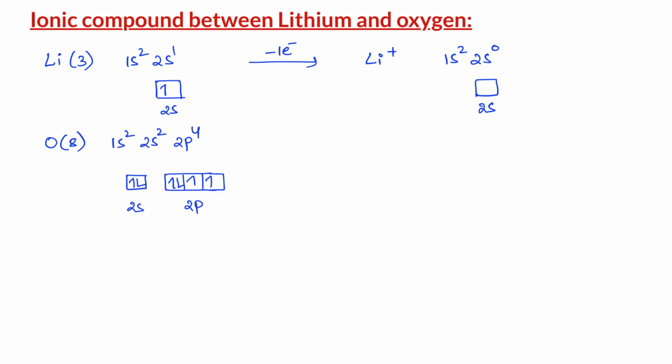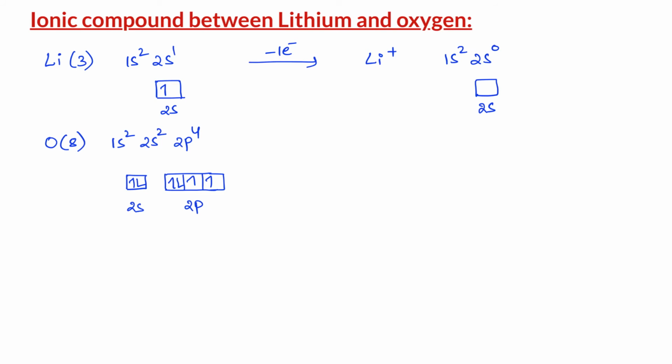Next, oxygen. The atomic number of oxygen is 8 and the electronic configuration is 1s2, 2s2 and 2p4. The nearest noble gas is neon with 10 electrons. So, oxygen is 2 electrons short of the nearest noble gas.